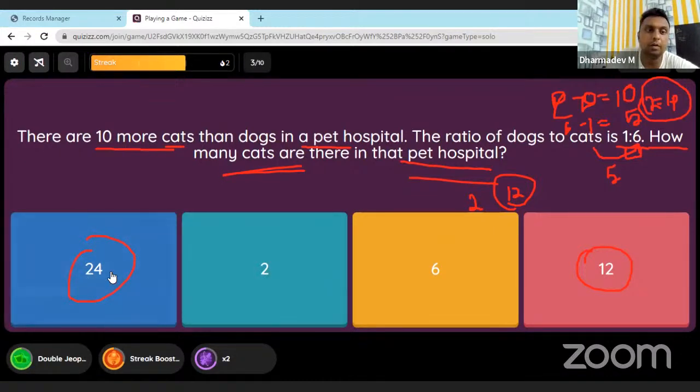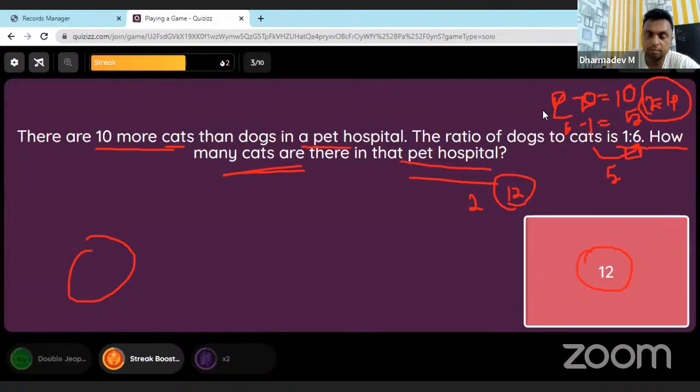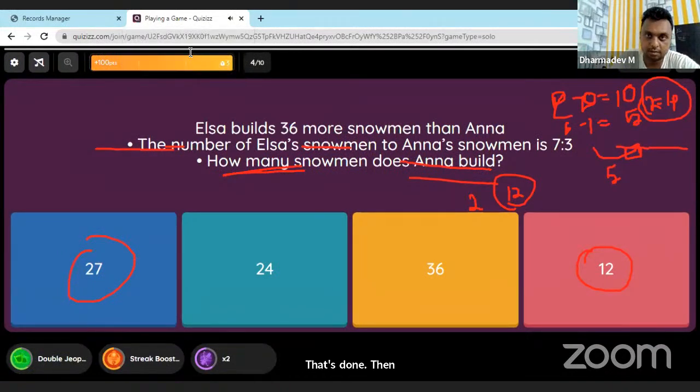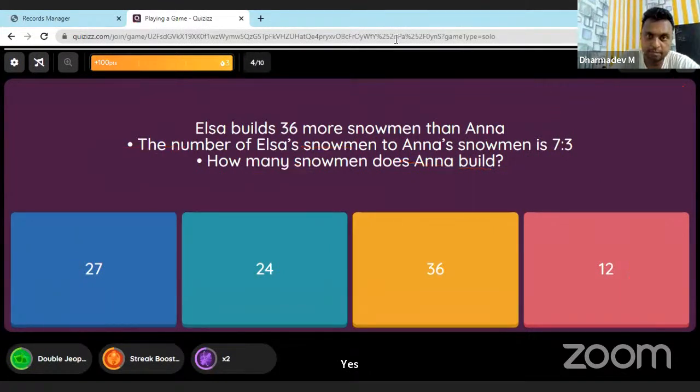Can you tell me how you got 24? You can unmute yourself. That's done then. Everybody getting 12. That's good then.